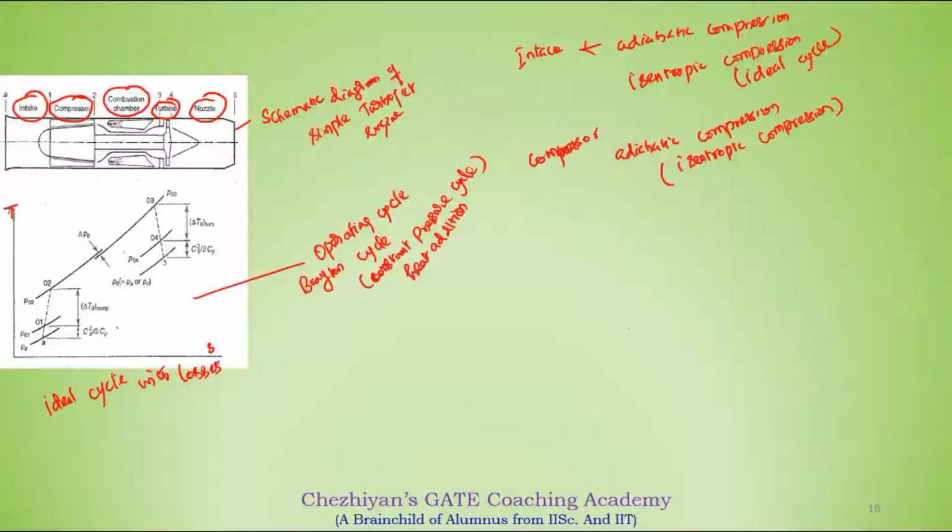In the same way, in the case of the compressor, 1 to 2 is again an adiabatic compression, whereas in the case of the ideal cycle, it's going to be an isentropic compression. So, in the case of the ideal cycle assumption, if you look at A to 1, that is in the intake, what is happening? The incoming air's kinetic energy is converted into pressure energy.